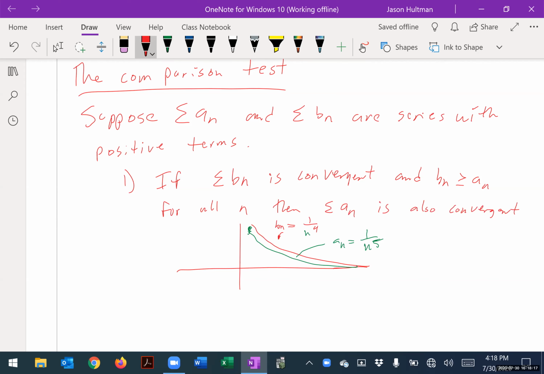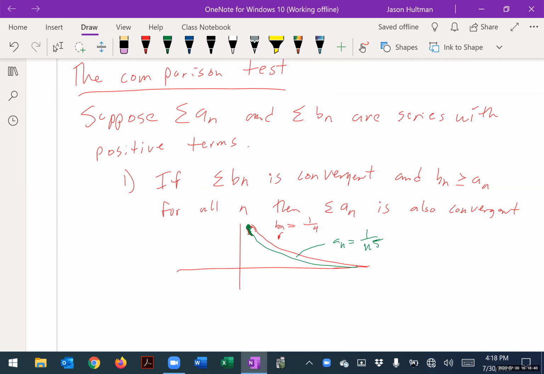They'll start at 1, 1. But then what happens at 2? I get 1 over 16 for B sub n, but then I get 1 over 32 for A sub n, and A sub n is certainly smaller.